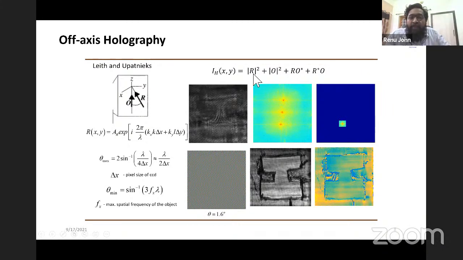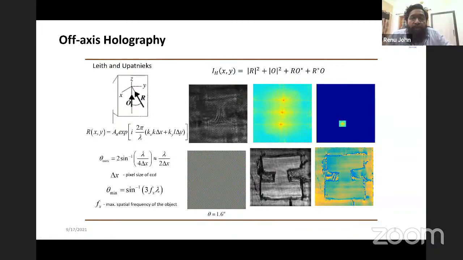You have the |R|^2 and the |O|^2, which is nothing but the DC or the background intensity; both of them are intensity terms. And there are two terms, R O* and R* O. Star represents the conjugate. So if you take any one of these terms, you can reconstruct the object information back. That is the beauty of holography.